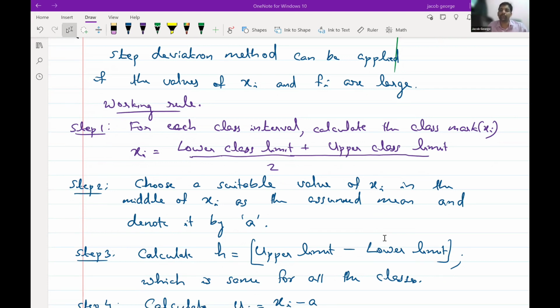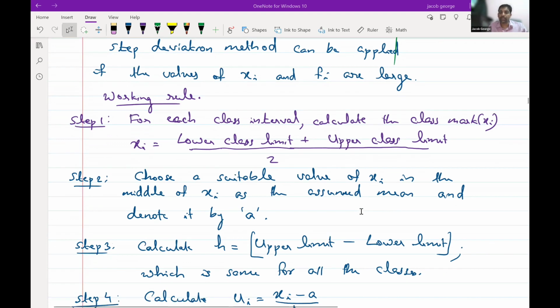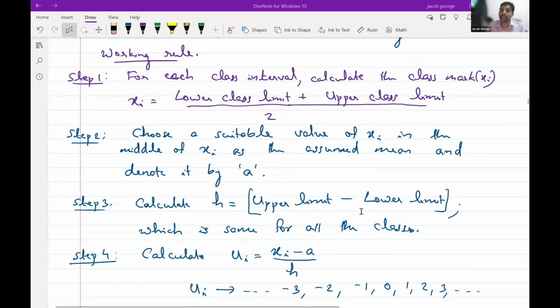Normally we take the middle value of Xi; if two middle values are there, we can choose one of them as the assumed mean. And then we calculate h. h is upper limit minus lower limit, the class size. There also, if the classes are not continuous, we should convert them into continuous classes before finding h.